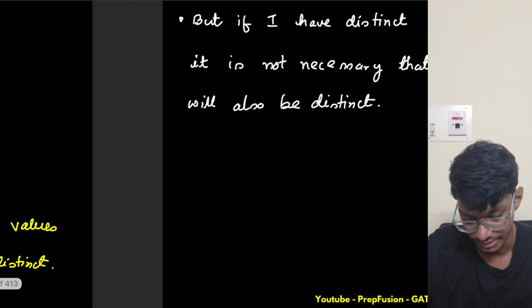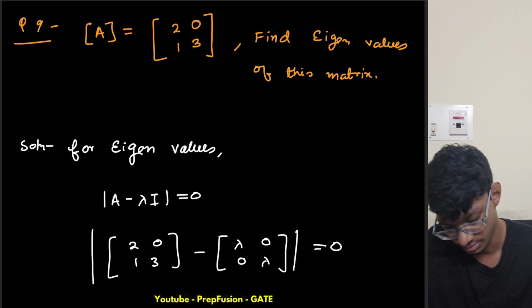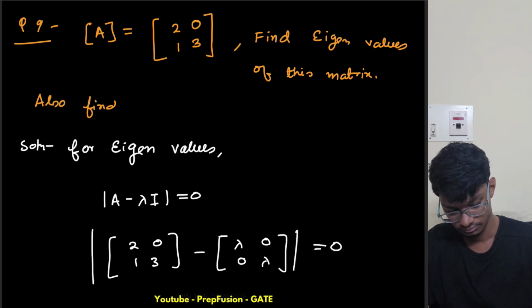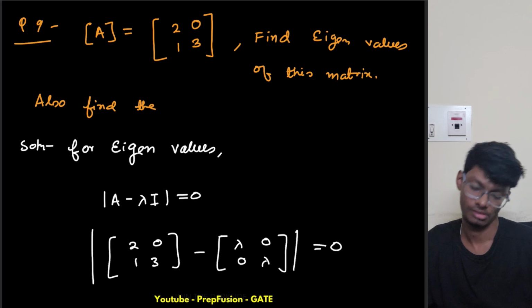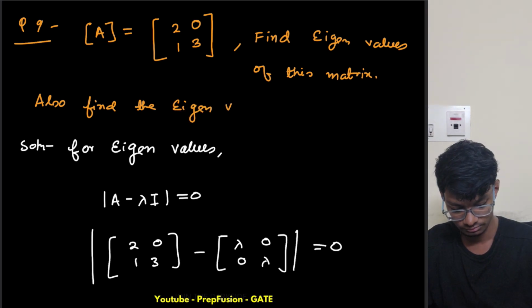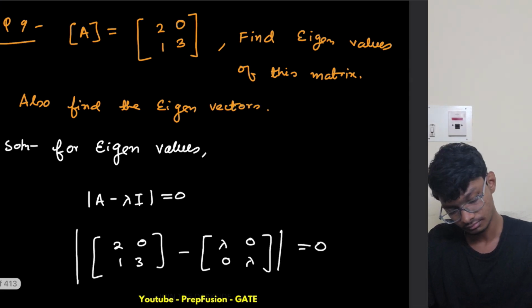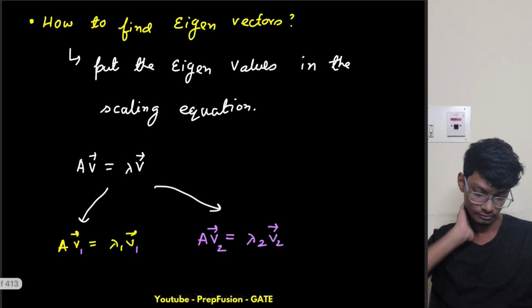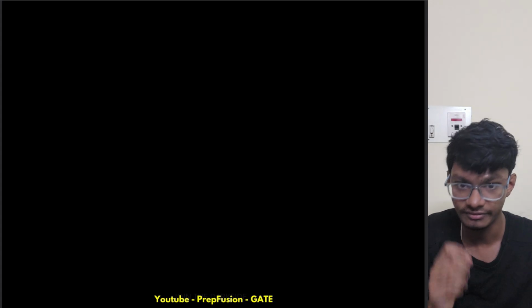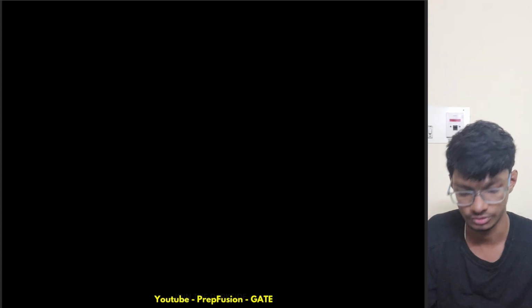Here let me write: also find the eigenvectors, right? So let's find the eigenvector corresponding to eigenvalue equals 2.